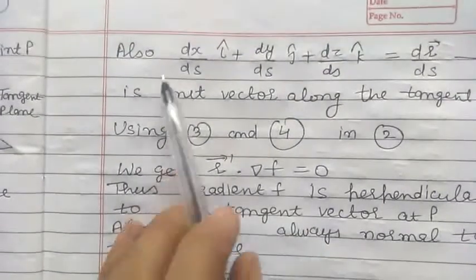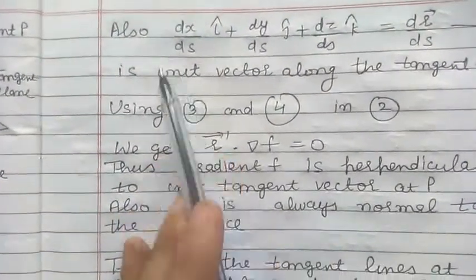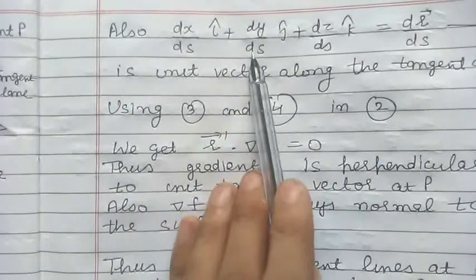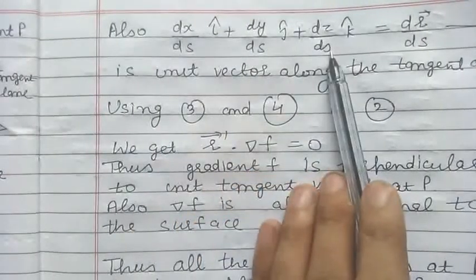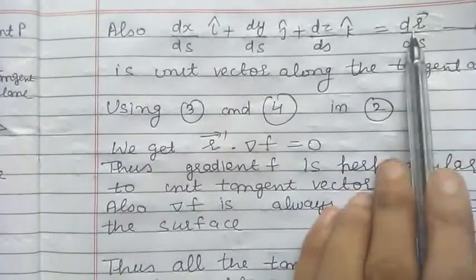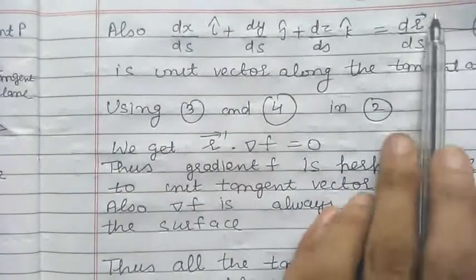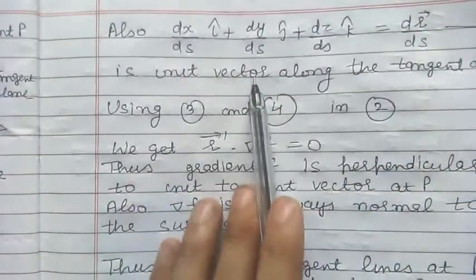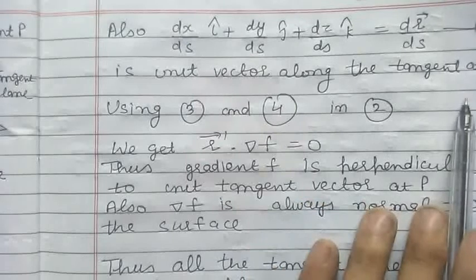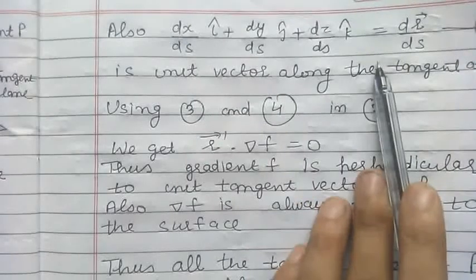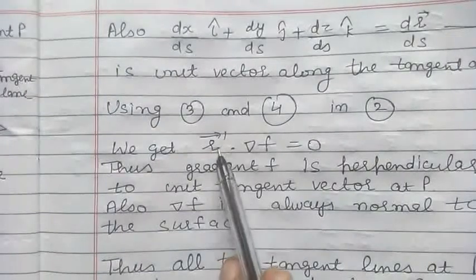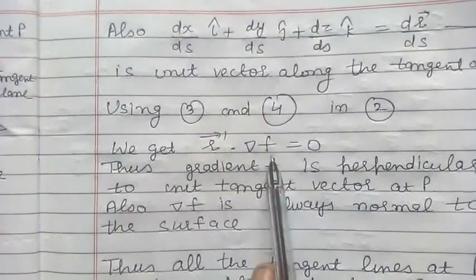Also the vector denoted by dx/ds i cap plus dy/ds j cap plus dz/ds k cap is the unit tangent vector which we have already studied, and it is denoted by the vector dr/ds. This is a unit vector along the tangent at the point P. Now using these in equation 2, the first term becomes the unit tangent vector r dash and the second is the gradient f.